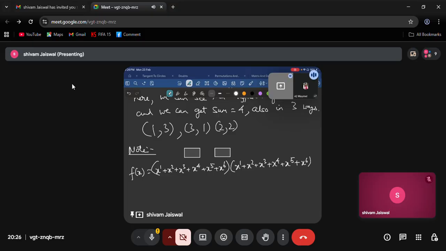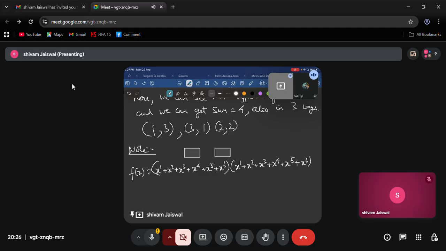Are you people getting how to think about the polynomial in a particular experiment? I'll give some more examples. Can I ask something? Yes, tell me. Sir, say instead of two coins, the combination is tossing a coin and rolling a dice. So will it be x plus x square into this expression, x1 up to x6?